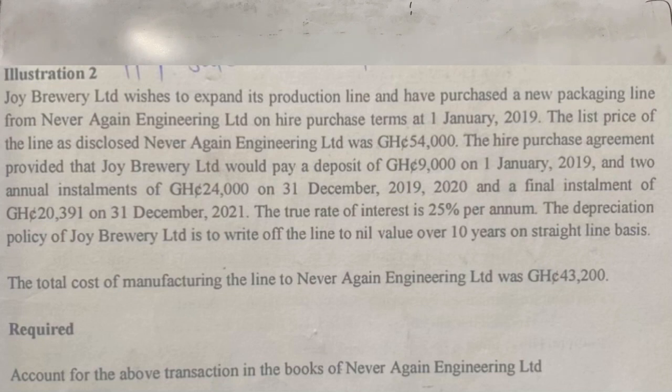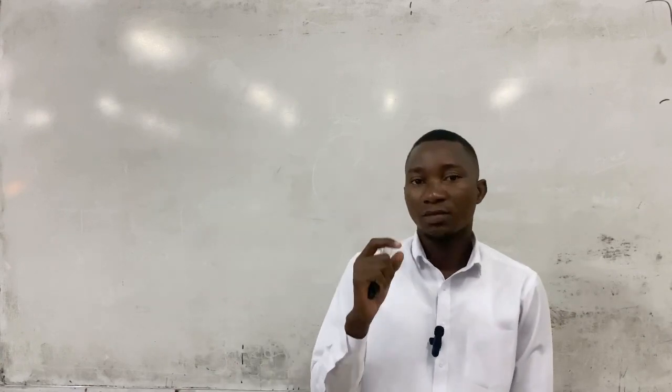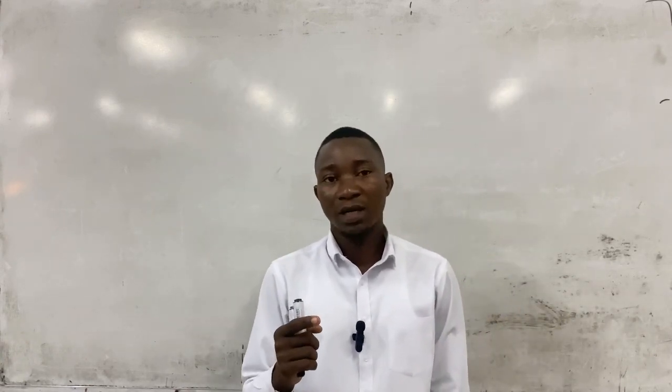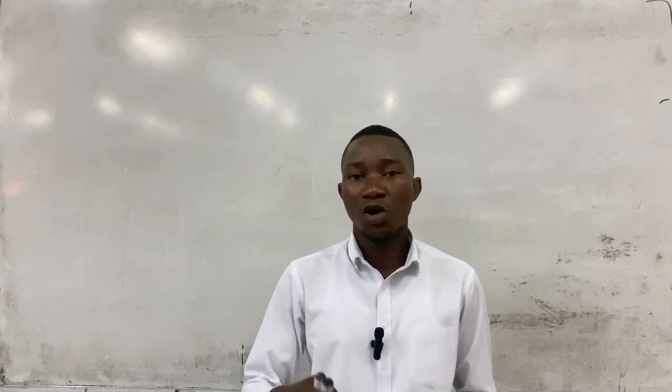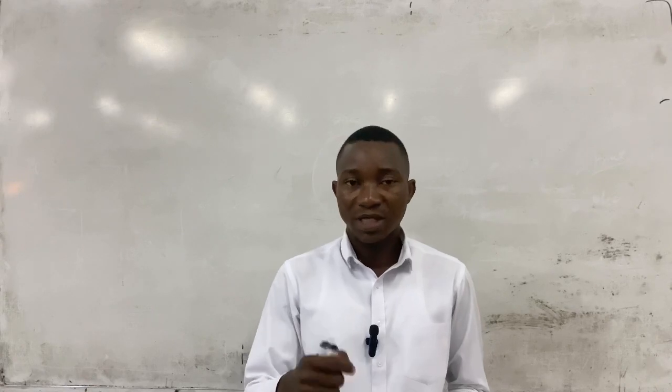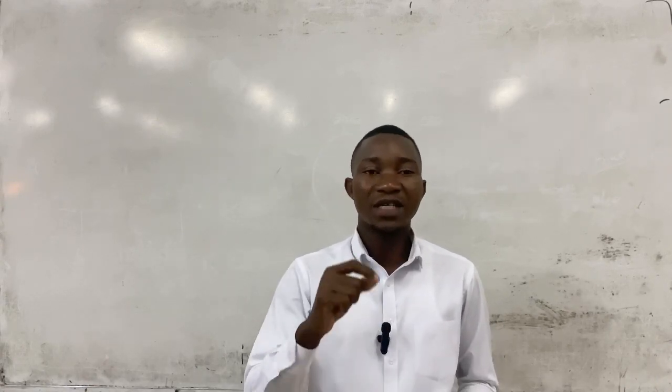Okay, so in this question, there are key things you need to take note of. That is the cash price of the asset, or the selling price of the asset. You have to take note of it. And the annual installment payment will be taken into consideration. Is this clear? But remember that there is a depreciation policy in this question.